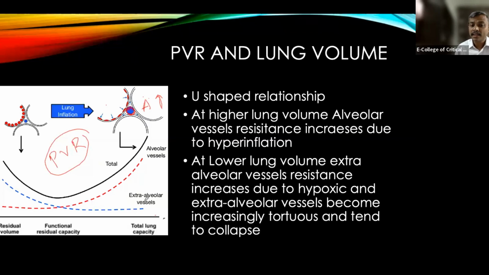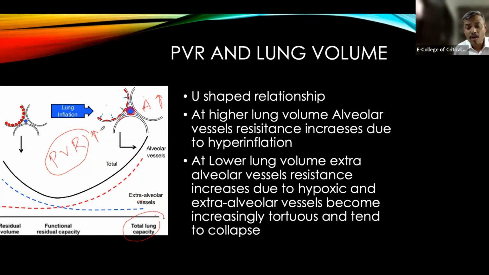This is why, increasing the lung volume, increasing the total lung capacity, alveolar vessels will be compressed and resistance increases, that again increases the pulmonary vascular resistance and can cause RV failure. So what I mean to say is, never try to increase the tidal volume so that it increases right ventricular afterload and causes RV failure.